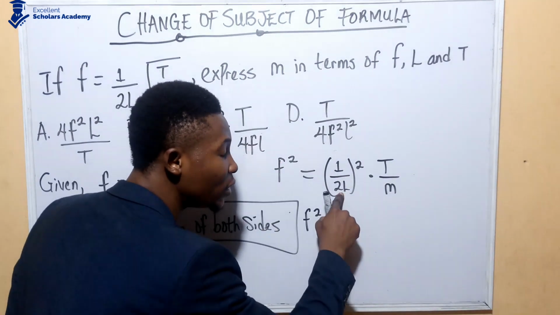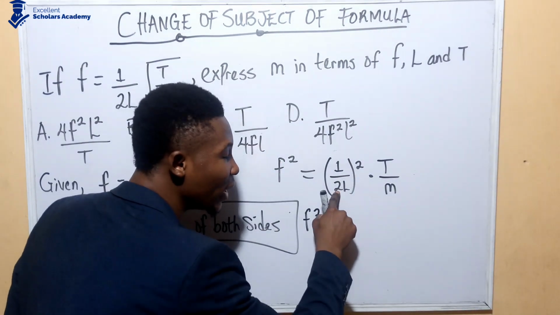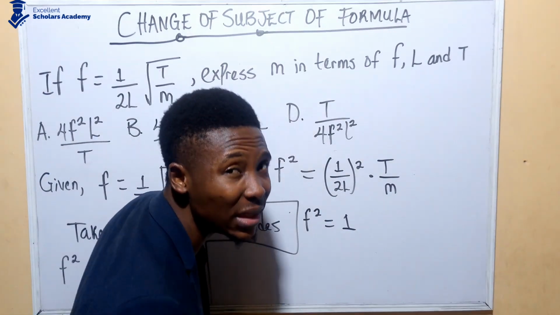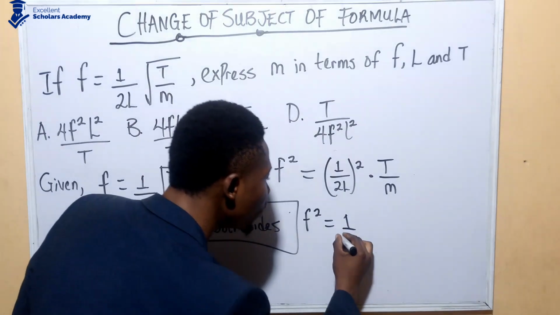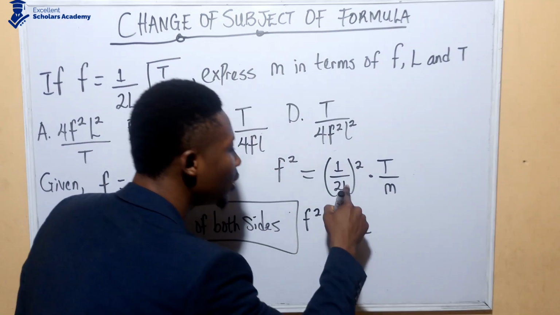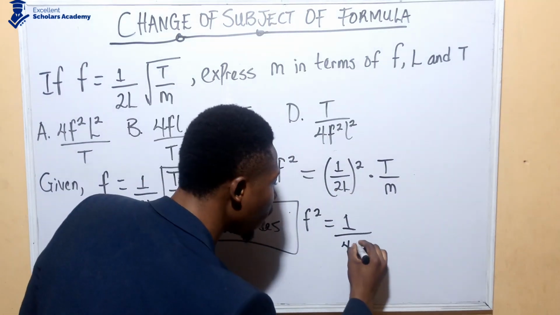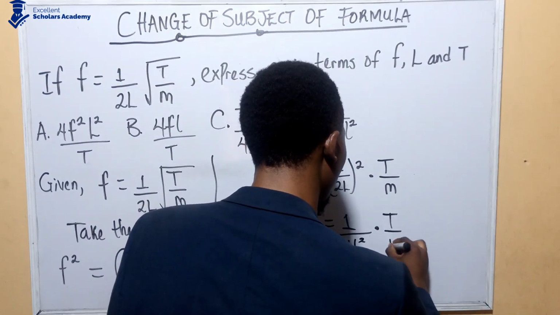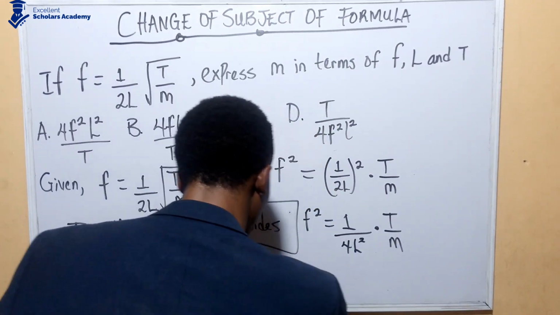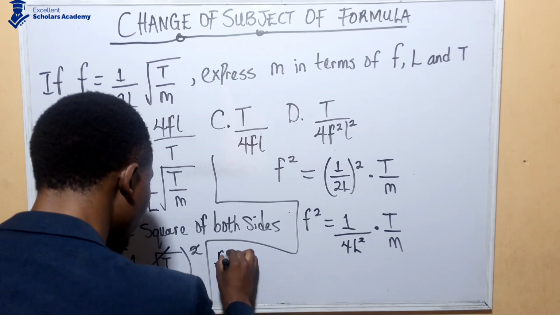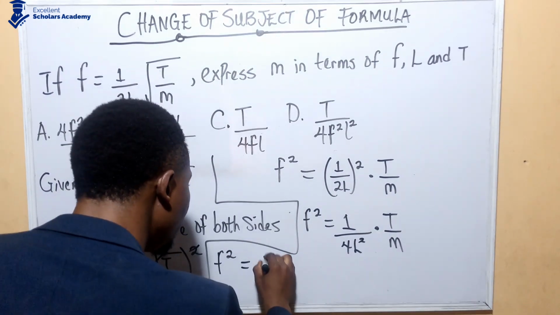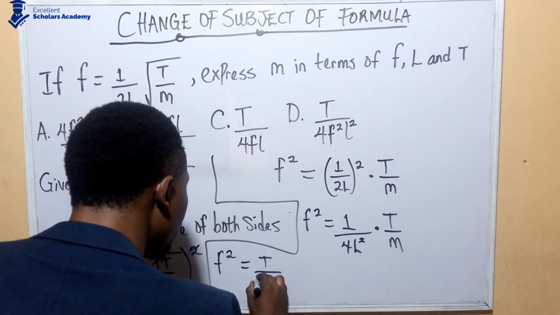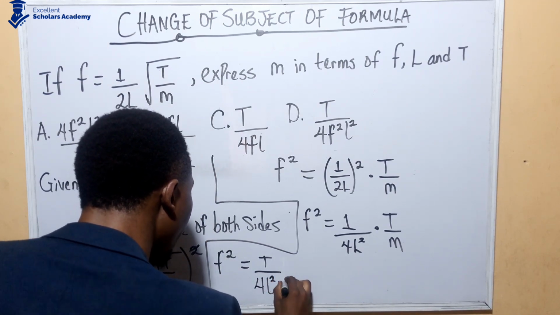The square affects 2L. 2 squared does not mean 2 times 2 in the sense of adding, it means 2 times 2, so that's 4. The square also affects L, so that will be L squared, multiplied by T over M. So F squared is equal to 1 times T gives T over 4L squared times M gives us 4L squared M.